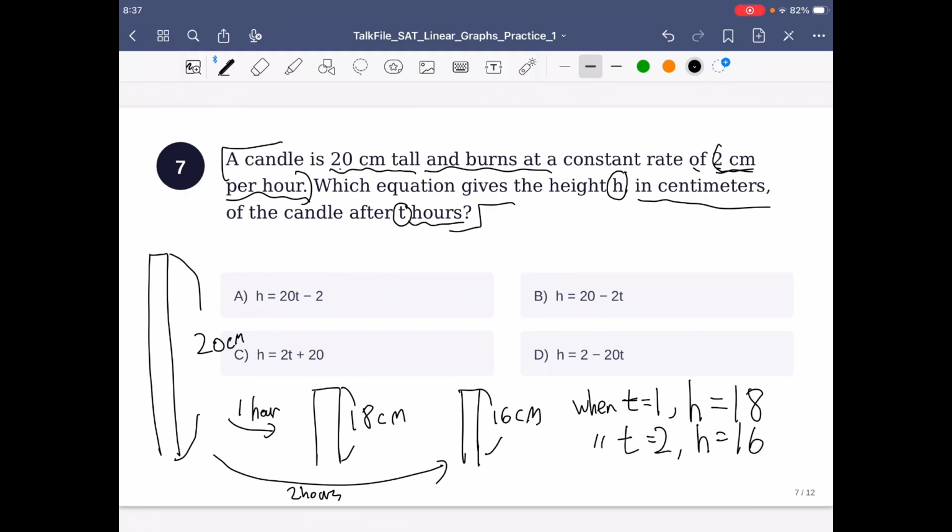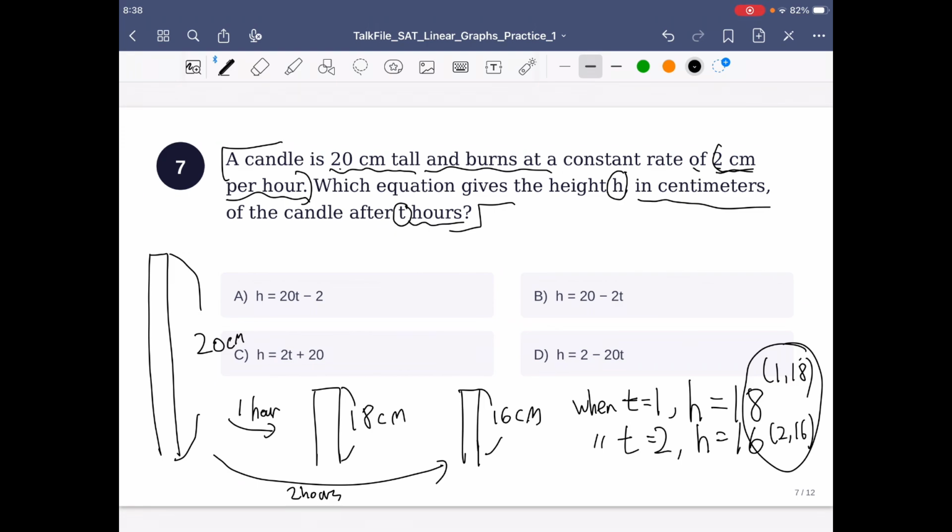So we can find two coordinates here: (1, 18) and (2, 16). If you put those two coordinates into the four choices, you will find the answer.